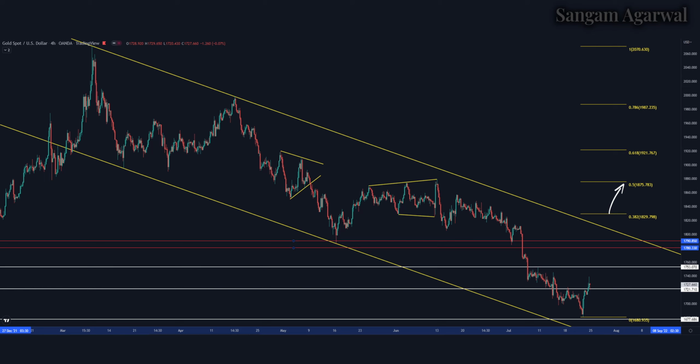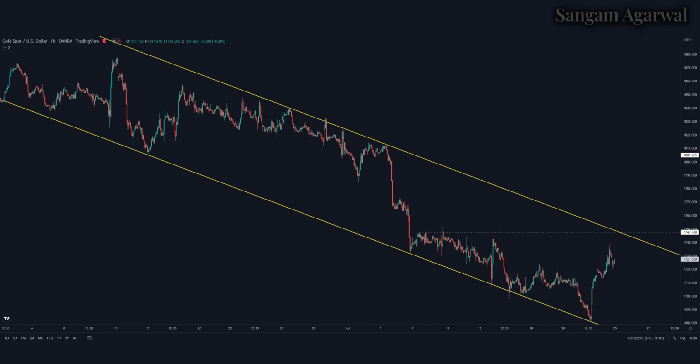Or if this is a correction, then price can make a top near 1790, and you can see this is our strong resistance area. When the last H4 candle closed at this level, you can say price went up to 1680, so it can retest before a new lower low on this H4 time frame.